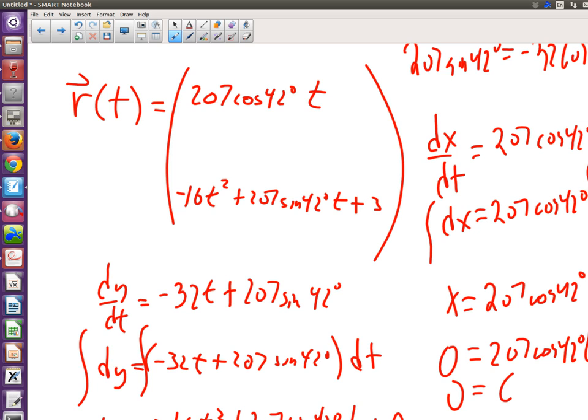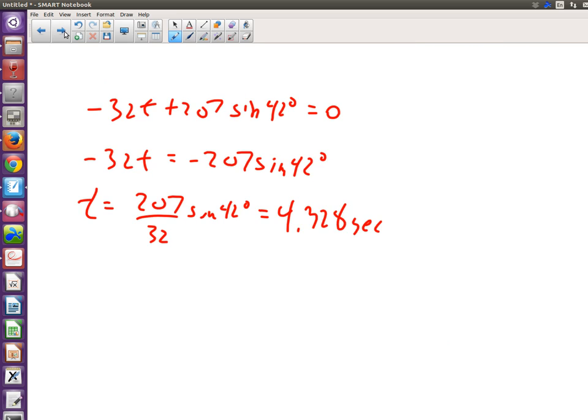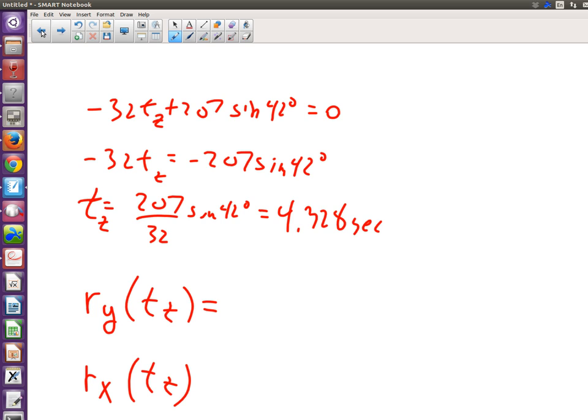So let's do that. I'm going to call this TZ, for zenith. So what I want to do is figure out the vertical component of R at TZ. And the horizontal, just out of curiosity, didn't ask for it, but at that time also. Let's see what that is.